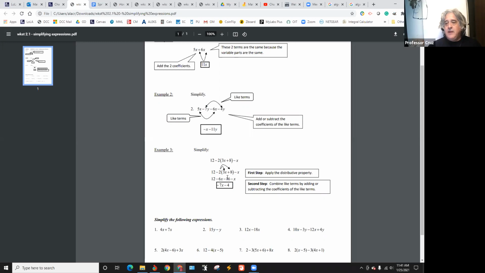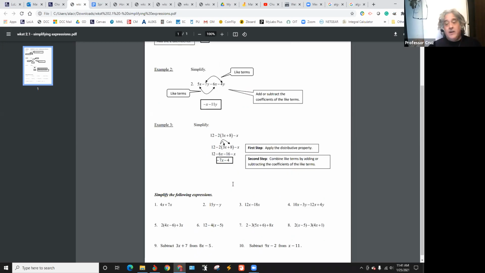Negative 2 times 8 is negative 16. Now we can put together the like terms. Negative 6x and negative 1x is negative 7x. Then 12 minus 16, those are both whole numbers, so they're like. That's negative 4. So negative 7x minus 4.